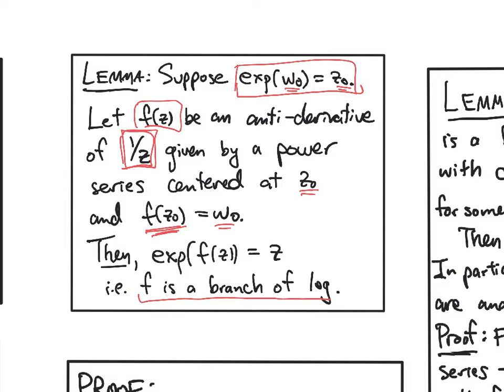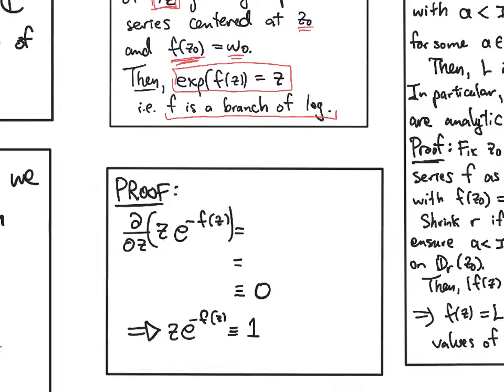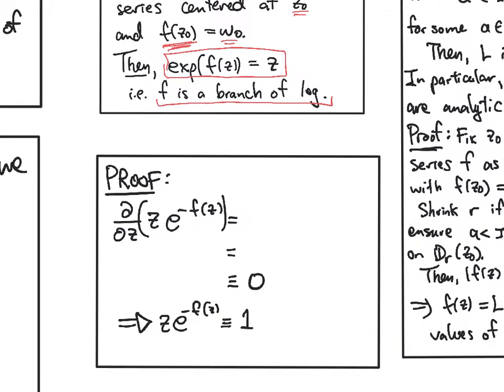f will be a branch of log, which exactly means exponential of f equals z. And we basically just have to undo what we did in the scratch work. We can build this f to be an antiderivative of 1 over z, and so if we take this derivative, z e to the minus f, well, you can guess what will happen. I wrote it here. We're going to get 0.